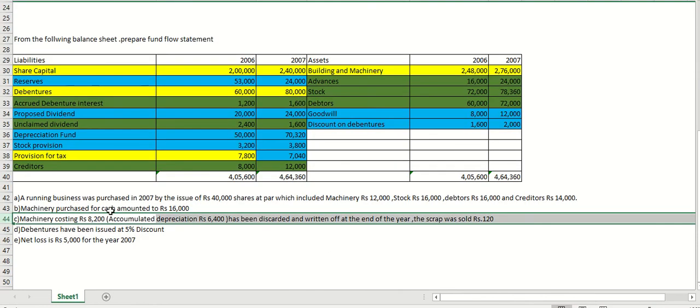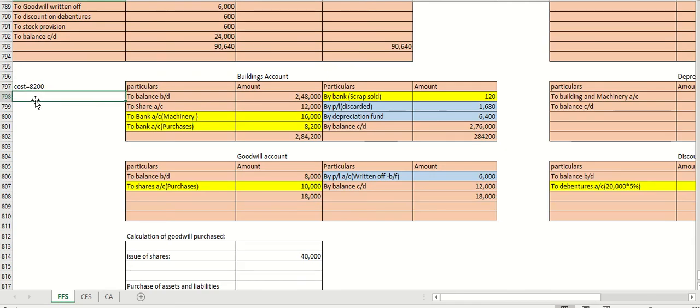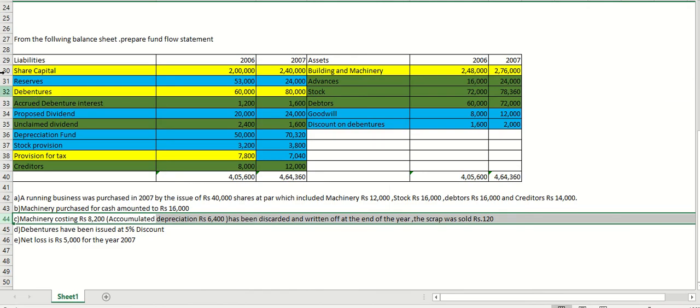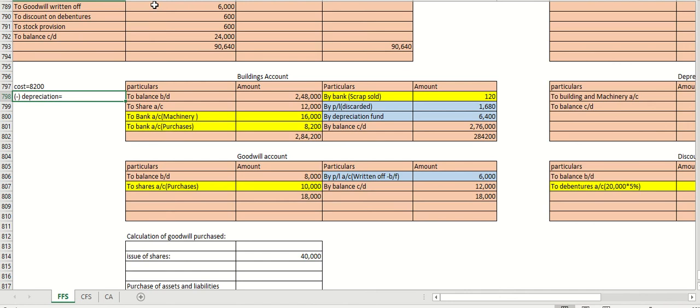Machinery worth is 8,200 minus our depreciation, which they are telling is 6,400.